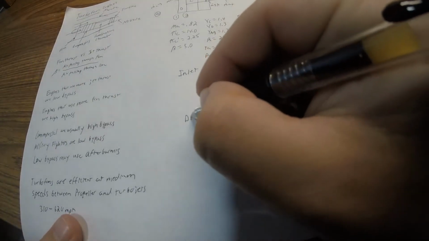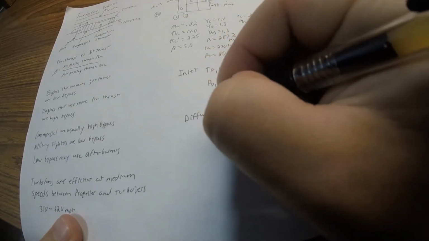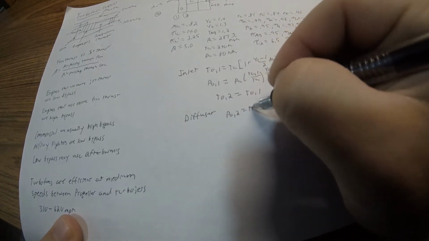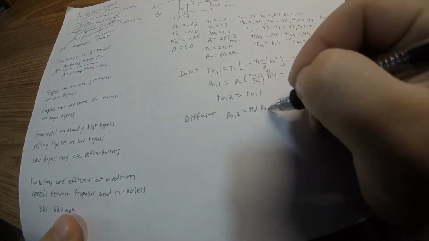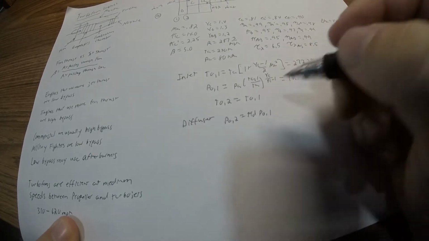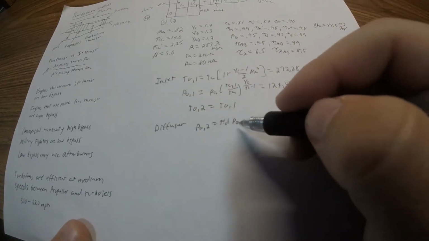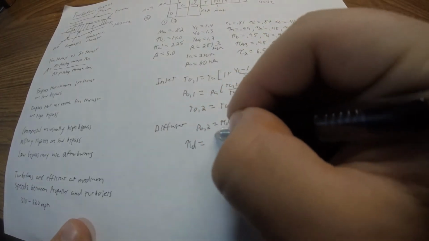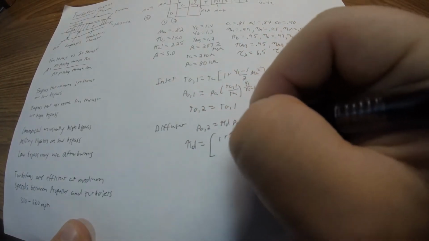Now we're into the diffuser. We have PO2 equals the pressure ratio of the diffuser times PO1. And that makes sense. But we don't have pi d, so we don't have our pressure ratio of the diffuser. We can use our formula.